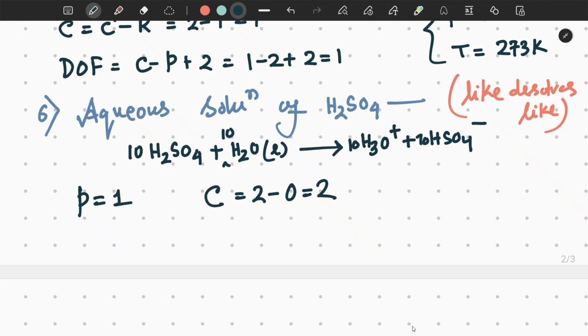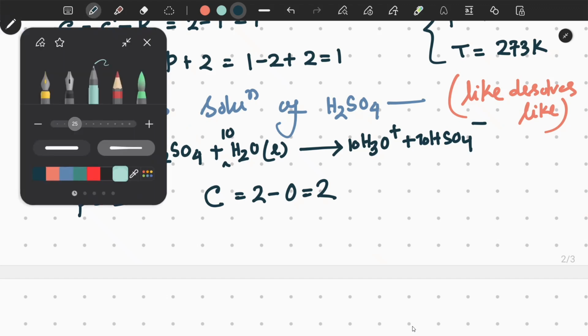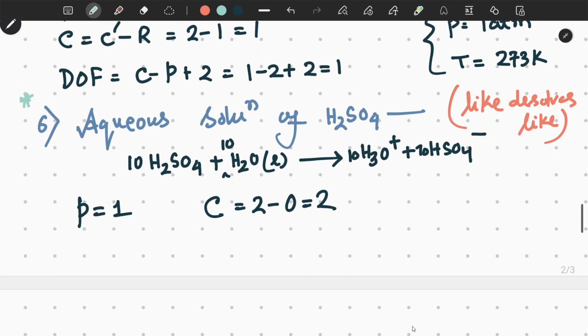And this assumption is very important: both are in the same quantity. No, if water is in excess, then water will be available after H3O plus and HSO4 minus. You are saying that if water is in excess, let's say 20 waters are there, then obviously there will be 10 more H2O.